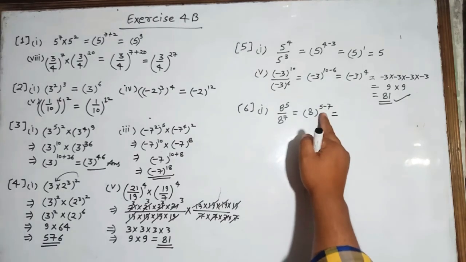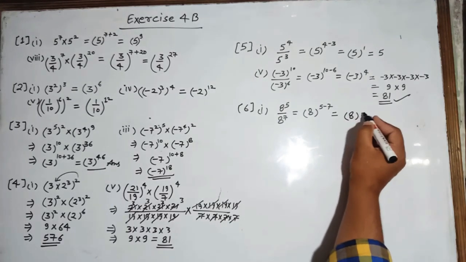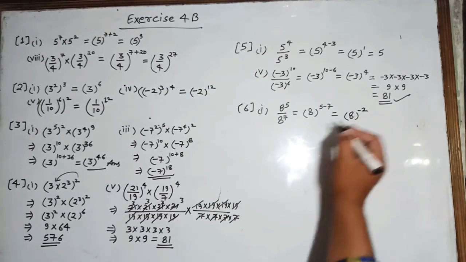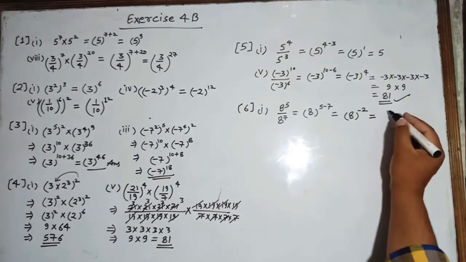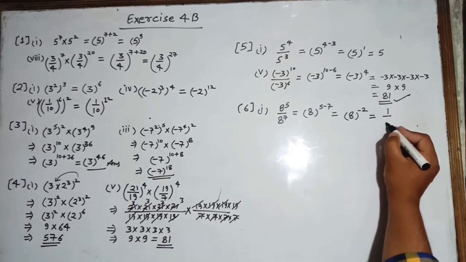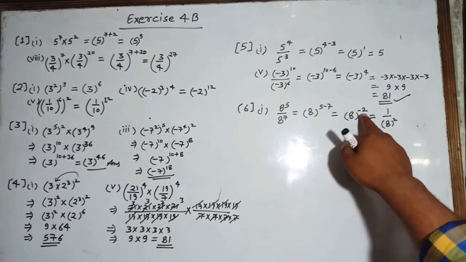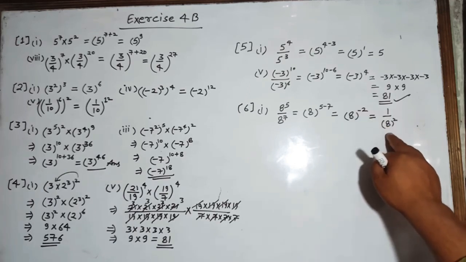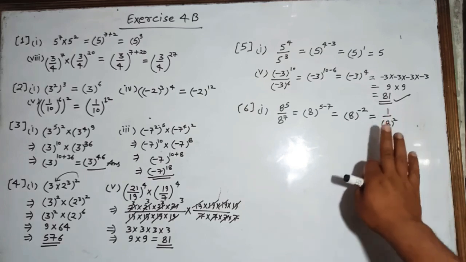You know that the greater number having the negative sign, so our answer's power will be negative only. 5 minus 7 means 8 to the power minus 2. Now you know that a negative power we can write as 1 upon 8 to the power 2. Whenever the negative power is written in the denominator, the power will be positive.